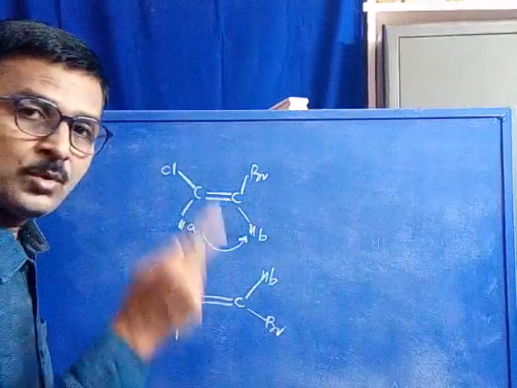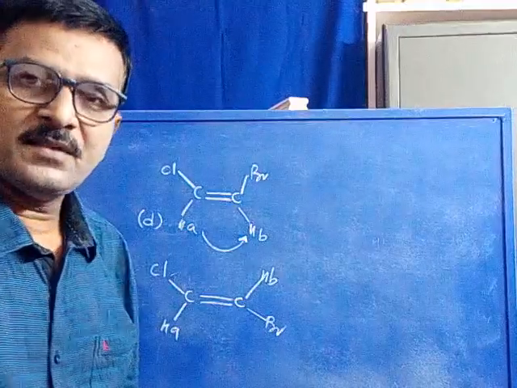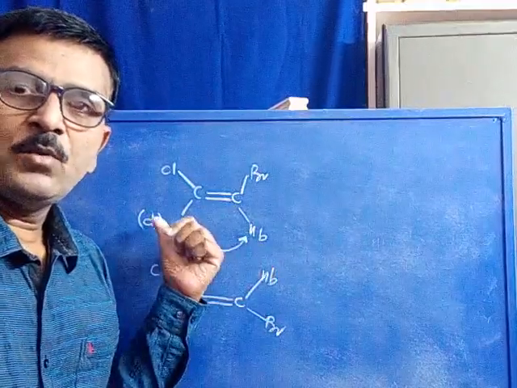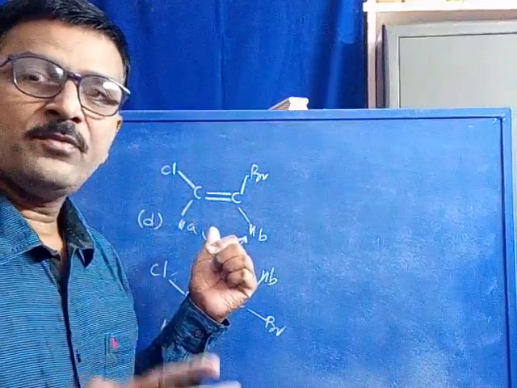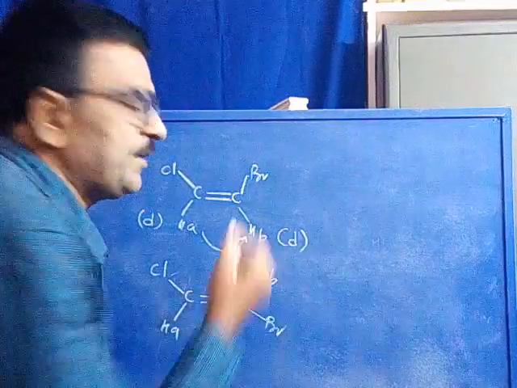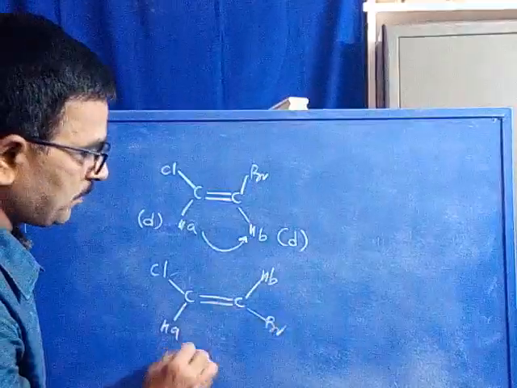1 plus 1, 2 lines means doublet. Ha appears as a doublet. Now B is also coupled with A. B is coupled with only one adjacent proton. n is equal to 1. 1 plus 1, 2 lines, a signal with 2 lines for Hb hydrogen. It is also a doublet. Now here also the AB protons are coupled.